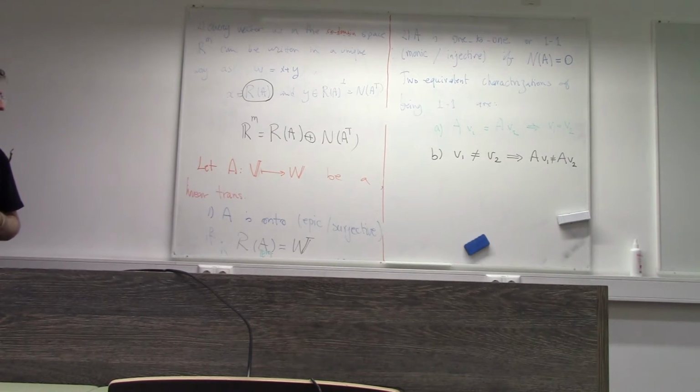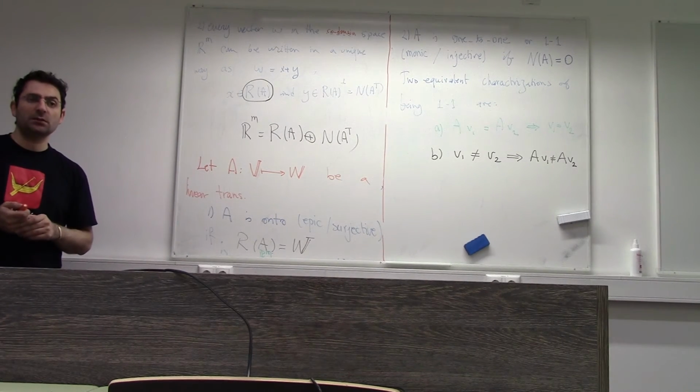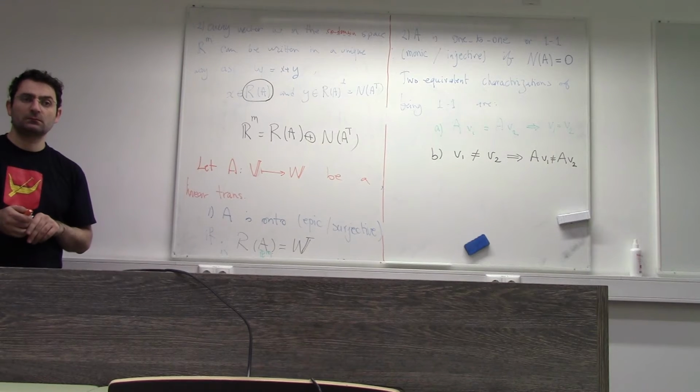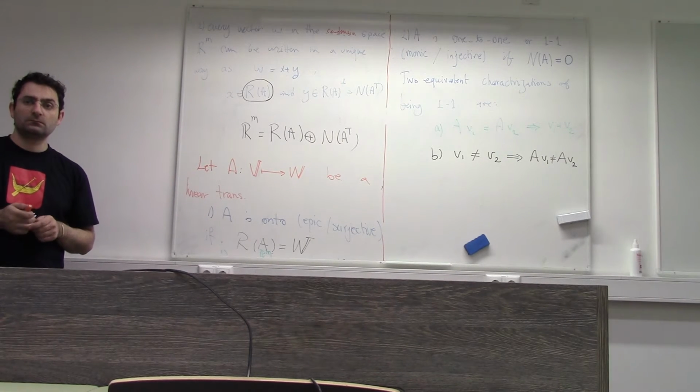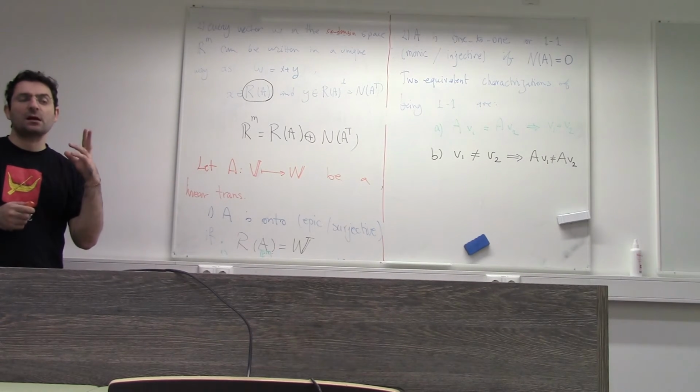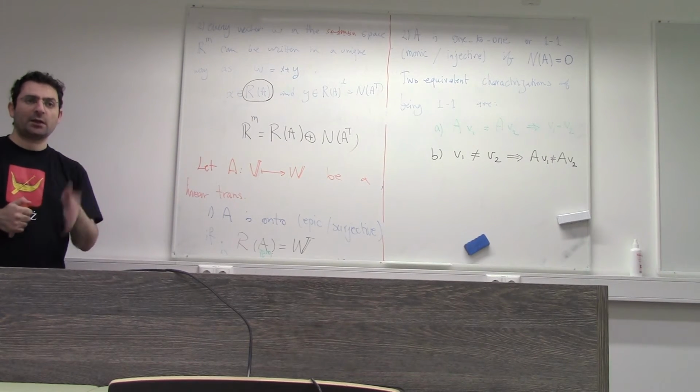Now, can something be onto and one-to-one? Can something be not onto and not one-to-one?